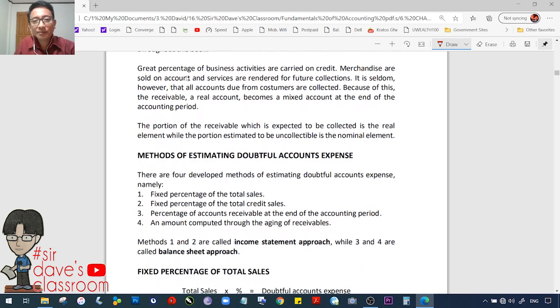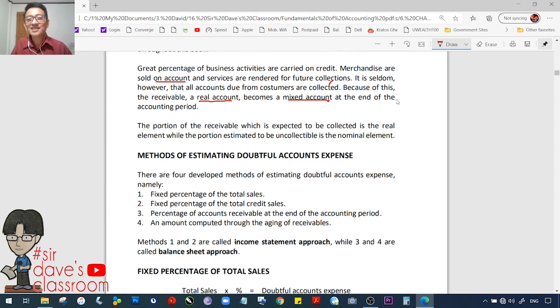As we have said, the great percentage of business activities are carried on credit. Merchandise are sold on account, pautang, and services are rendered for future collections, pautang. It is seldom, however, that all accounts due from customers are collected. Because of this, the receivable, a real account, becomes a mixed account. Ganda naman ng paliwanag, di ba?